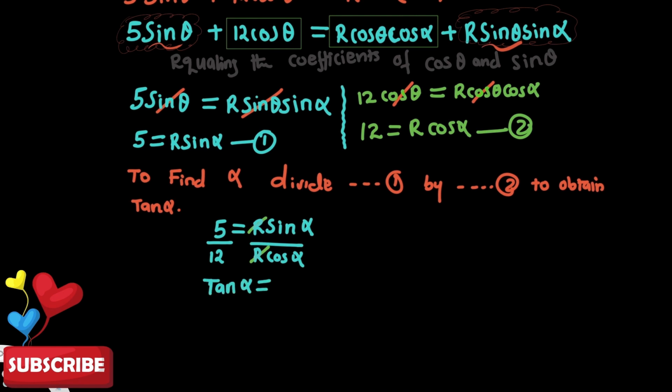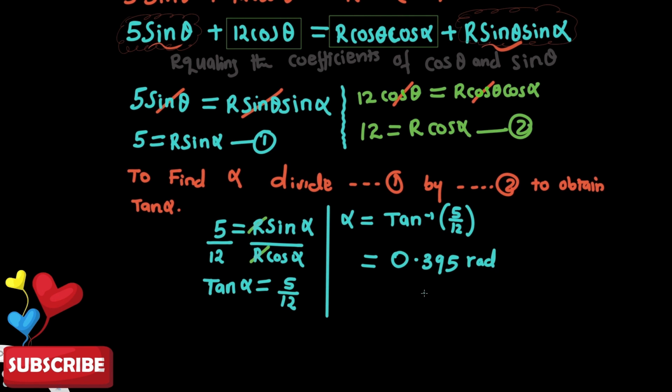So tan alpha equals 5/12. Then alpha itself, just use your calculator at that particular point and see what we get. You work it out, what you're going to get is actually 0.395 radians.